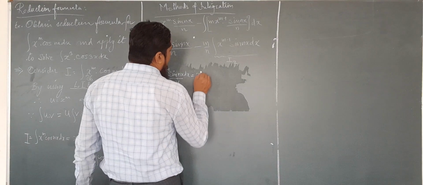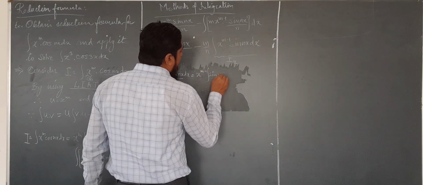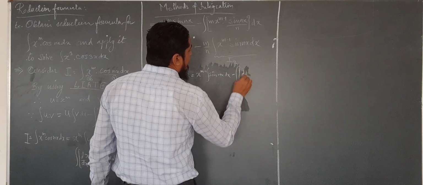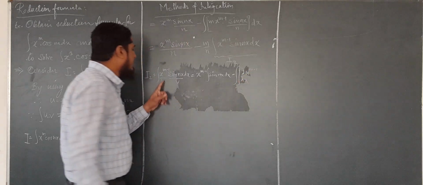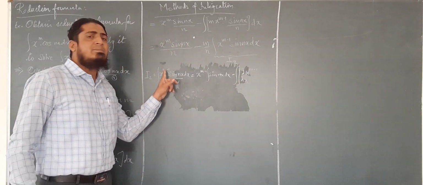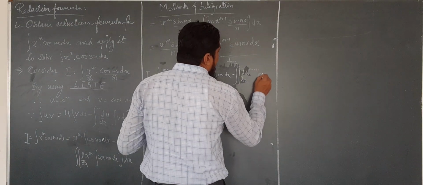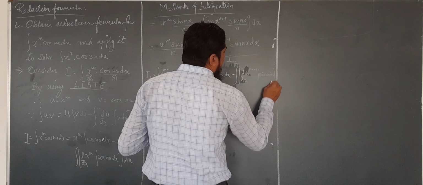So x raised to m minus 1, integration of sin nx dx, minus integration of d y by dx of x raised to m minus 1, because here u is x raised to m minus 1, into integration of sin nx dx, dx.